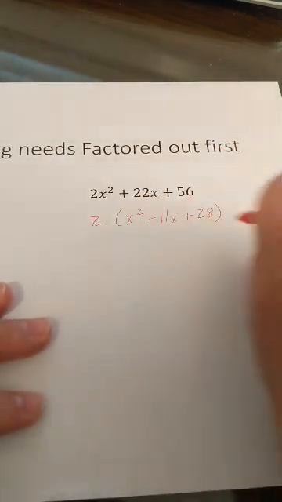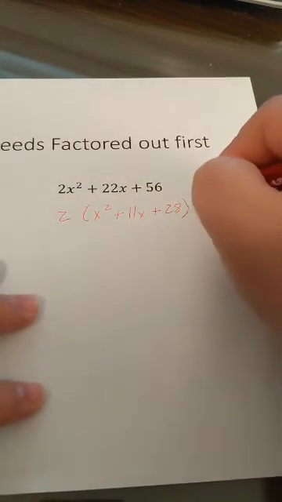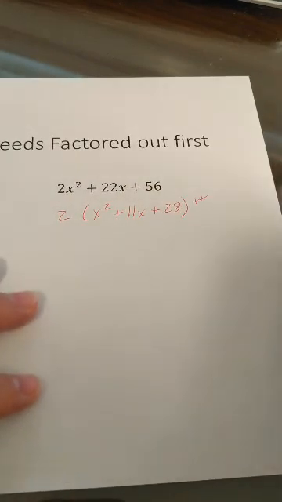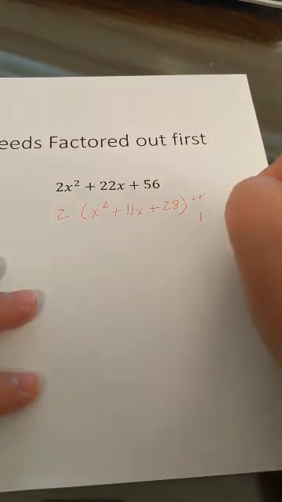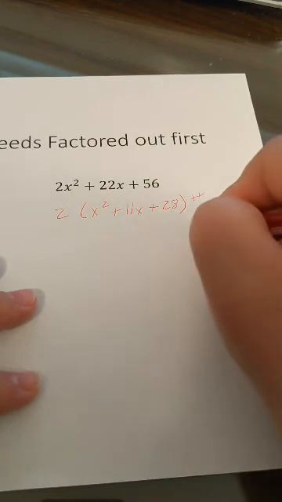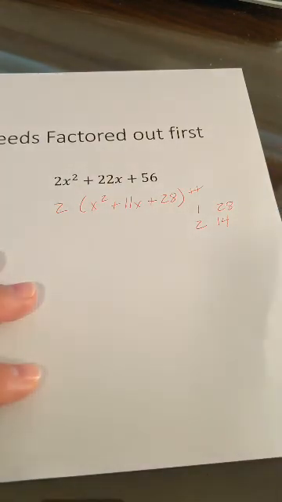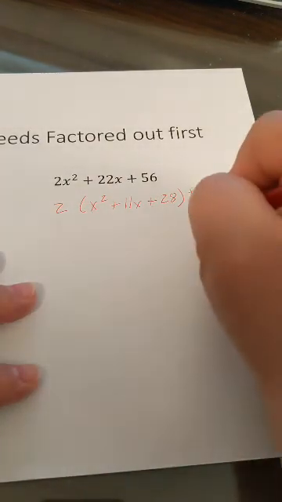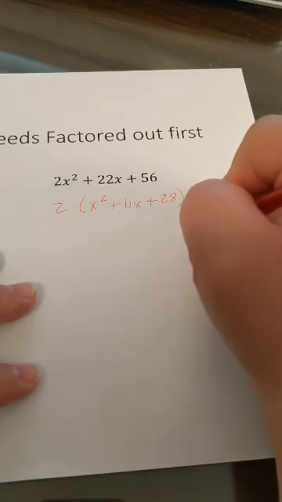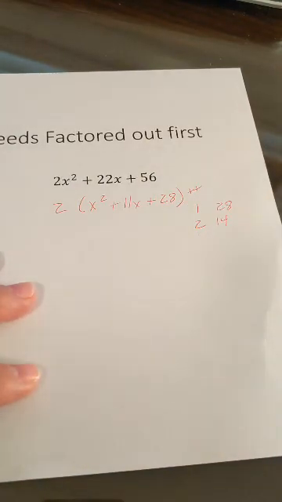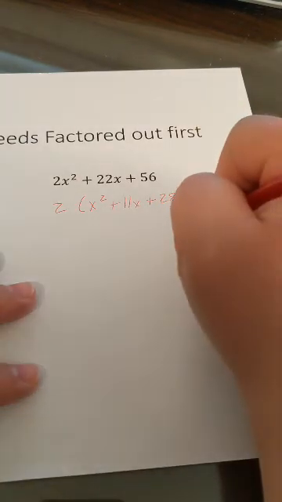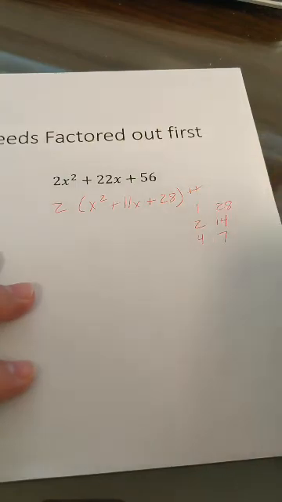So then we would do this, we'd factor, so this will be a plus plus. So then 28 is 1 and 28. 2 and 14, which we're getting close. Let's see, 28 divided by 4, so 4 and 7.